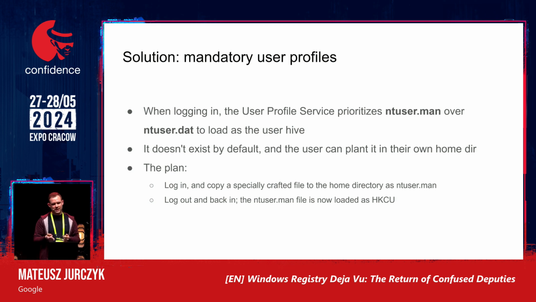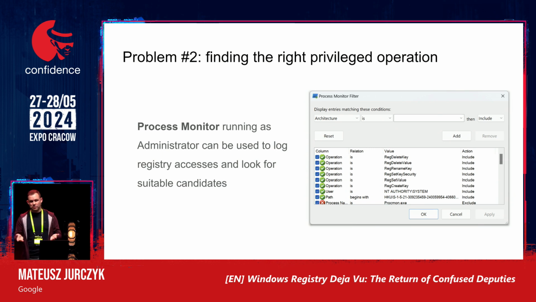What's important for us is that it doesn't exist by default, and as a normal user, you can just create this NTUSER.MAN file, and have it used as the user hive. So the plan is to log in, copy a specially crafted file to the home directory as NTUSER.MAN, then log out, log back in, and the user profile service has now loaded the NTUSER.MAN file as your user hive. So you have binary control over your own user hive. So that problem is solved.